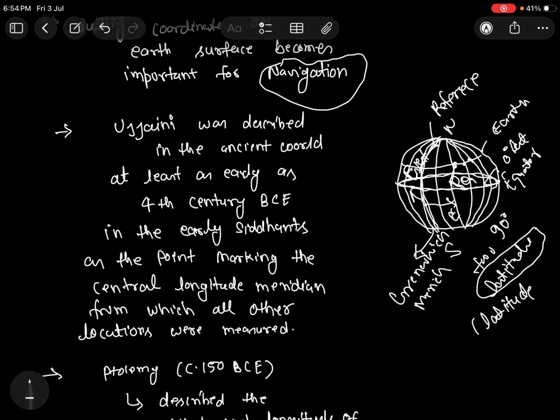Ujjaini was the place. Right now, in today's time, we take the Greenwich line as the reference point. In ancient time, the Ujjaini meridian was taken as the reference, and this Ujjaini is in the state of Madhya Pradesh, India.